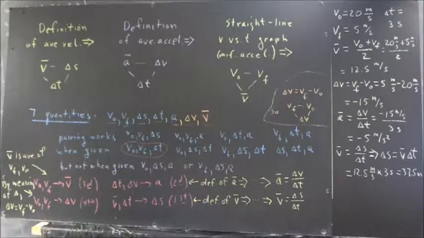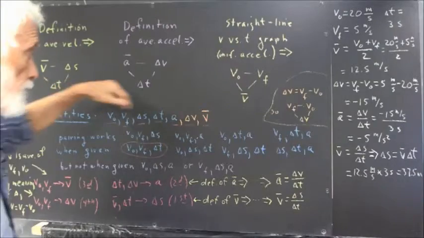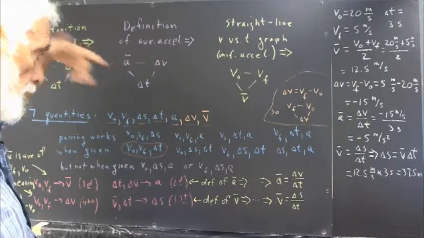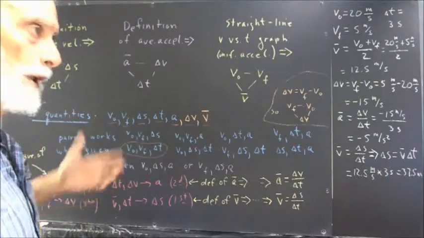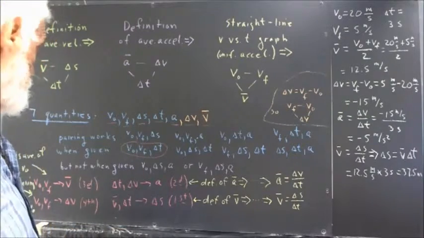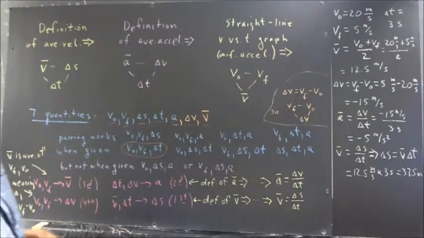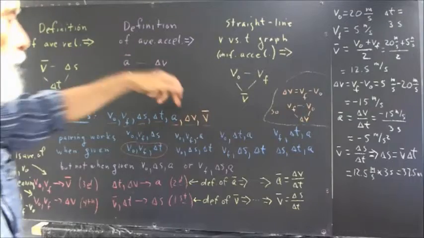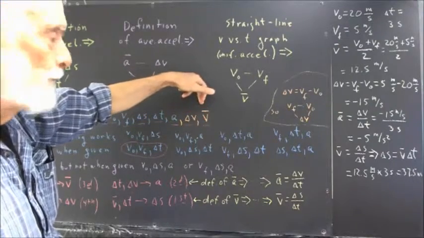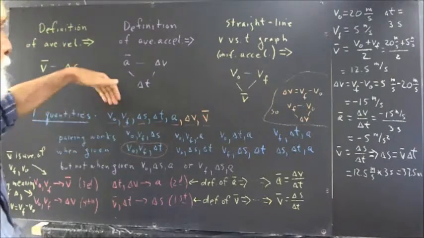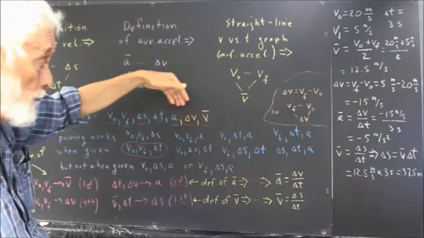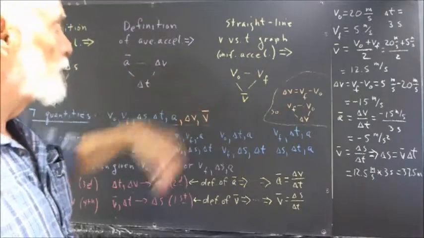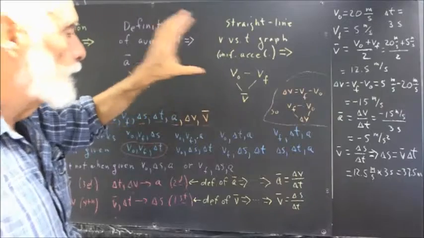As it's going to turn out, these 5 are sufficient to define the motion of an object on an interval, provided the motion is uniformly accelerated. And these 2 are ancillary in the sense that when we're trying to reason out these relationships, we're going to use these 2. Also, we need these 2 for the scheme to work.